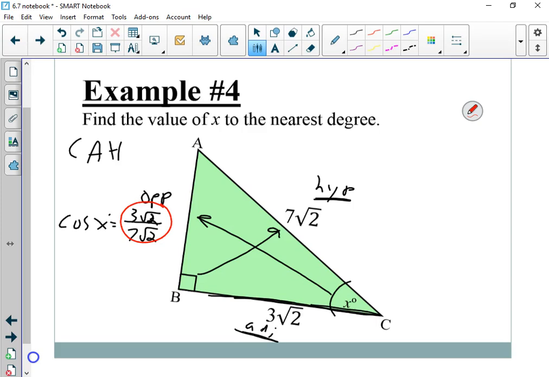What happens with the square root of 2 over the square root of 2? Anything divided by itself is 1. So this is really the cosine of x equals 3 over 7. So I'm going to do the inverse cosine, 3 divided by 7, and I get 64.6. So let's call that 65 degrees.